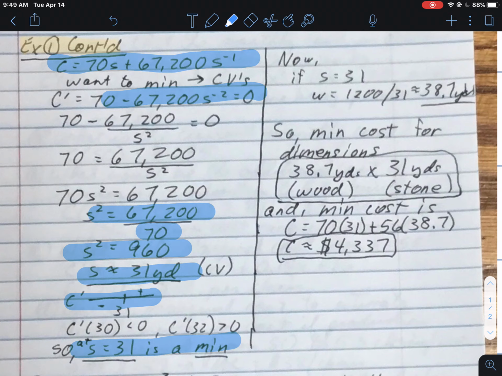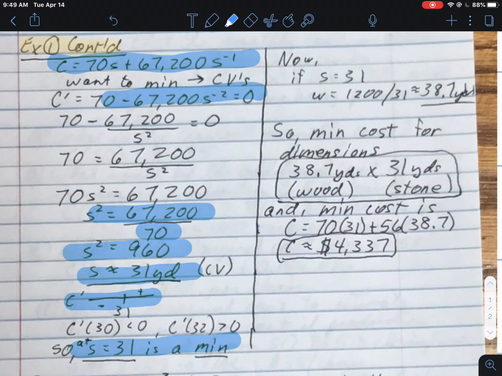If you plug that critical value into C double prime and you get a negative value, remember the second derivative tells you about concavity, that means the function would be concave down, which means at that point there's a relative maximum. Right? So you can use the second derivative if you wish. I'm using the first derivative because I always say, why bother doing the second derivative when you already have the first derivative? And that works fine.